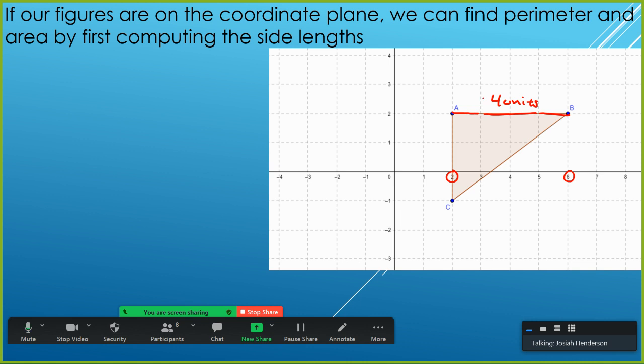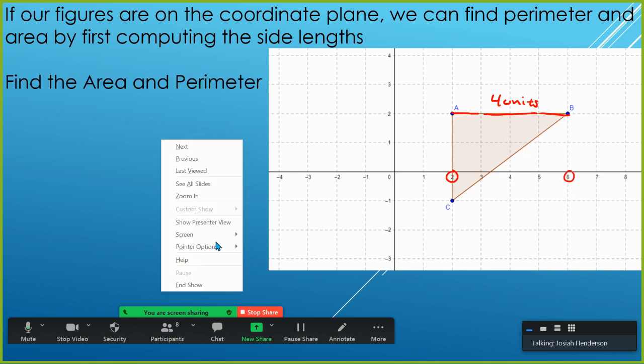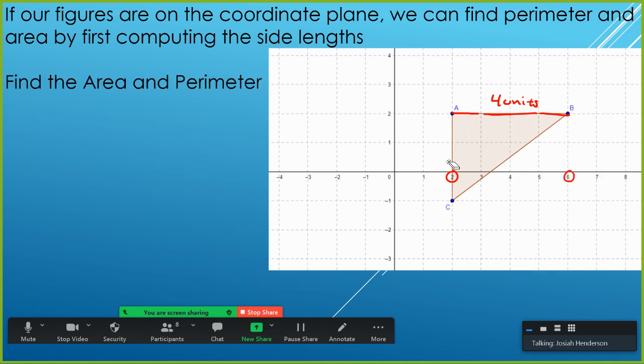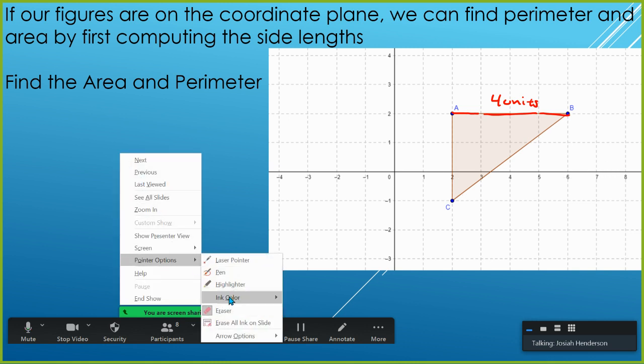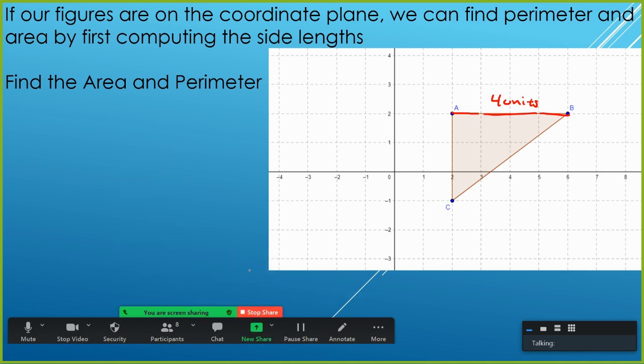You could think of it as subtraction: 6 is the higher number, minus 2 gives us that 4. We can do the same thing for AC here. Now we want to focus on AC, and it is 3 squares long.